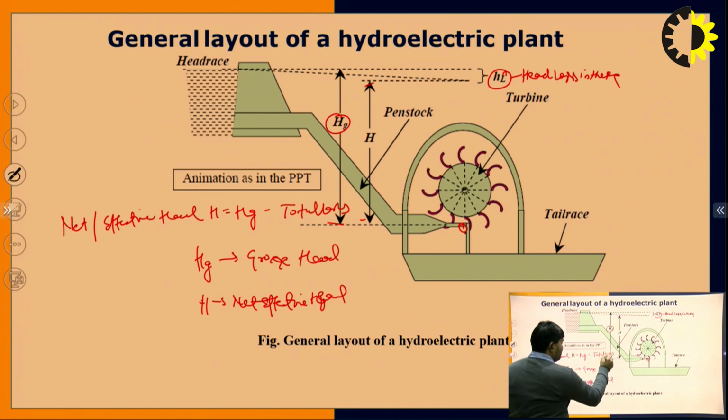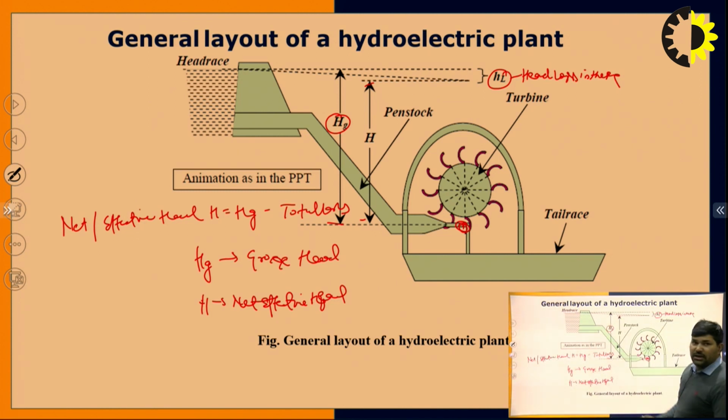Total losses means the head loss in the pipe, the head loss at the blade, and the head loss in the nozzle. So we subtract the total losses from the gross head to find the net effective head. These are the basic general layout of this hydraulic power plant.